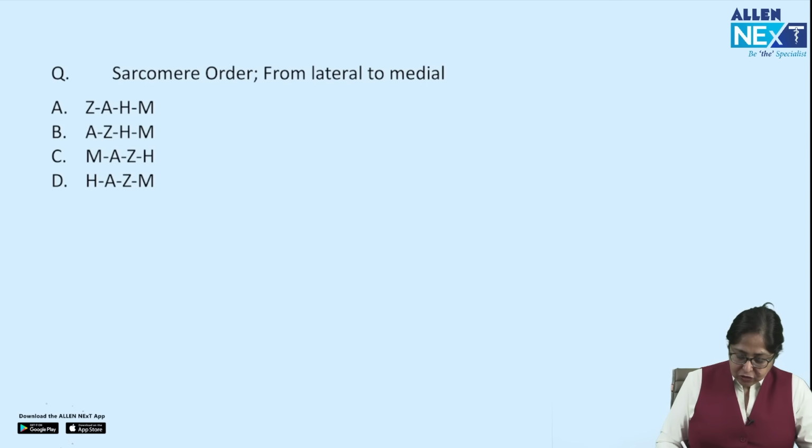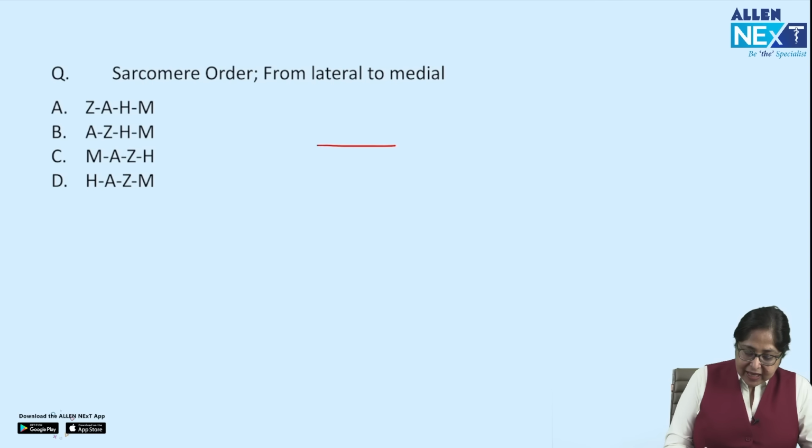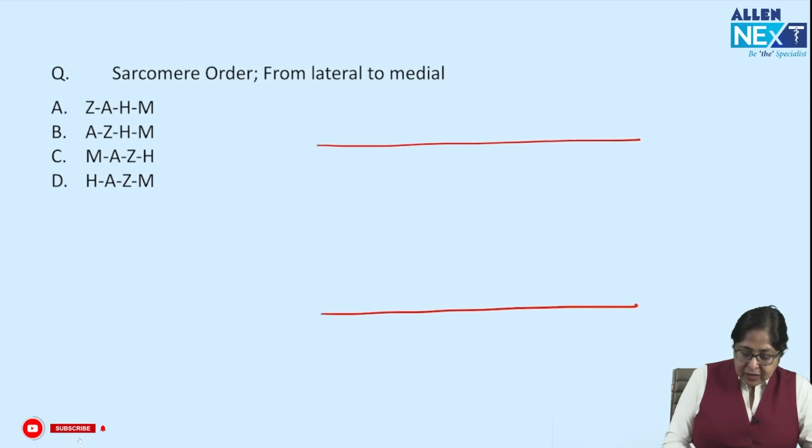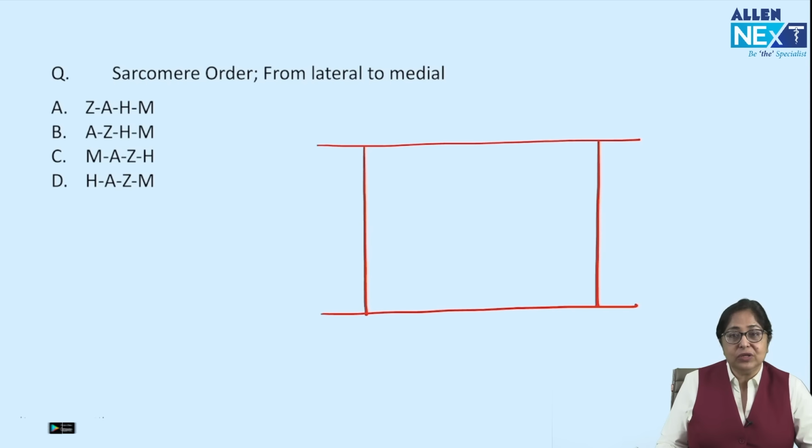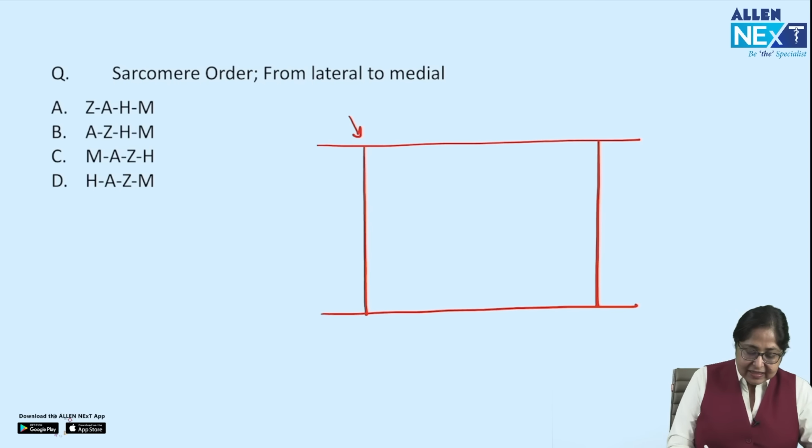So again, this should not be very difficult. When I look at a sarcomere, what is a sarcomere? Sarcomere is the structural and the functional unit of the skeletal muscle. Between two Z lines is the sarcomere. So this is one Z line here, and this is the other Z line.